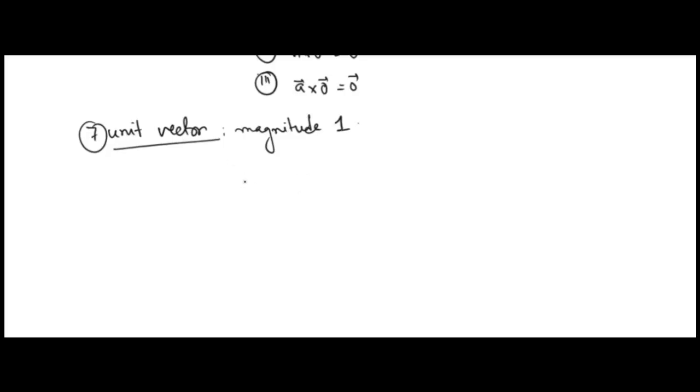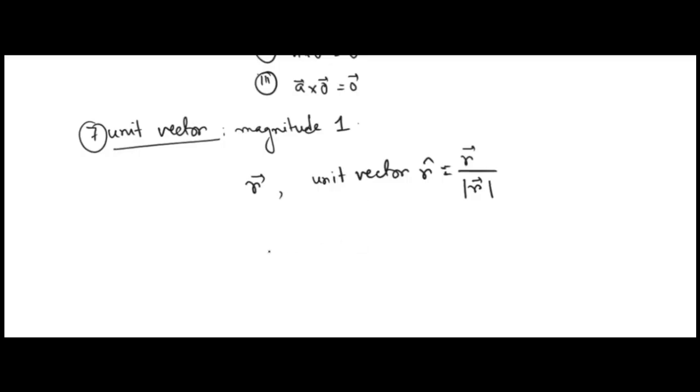So if you consider a vector R, then the unit vector R cap equals R vector by modulus of R vector. So the unit vector is used to indicate the direction.